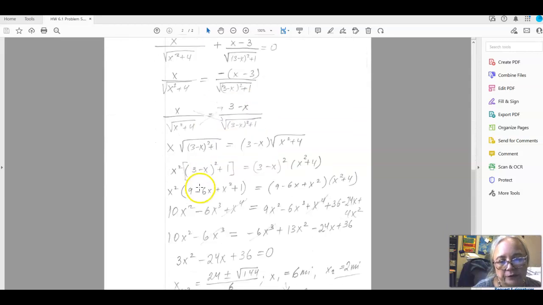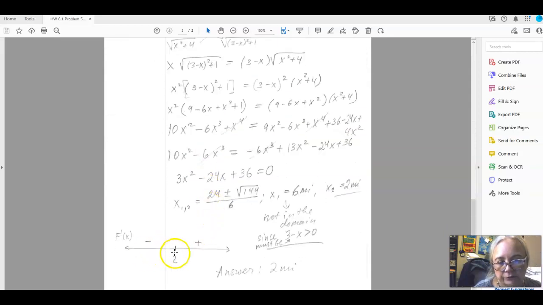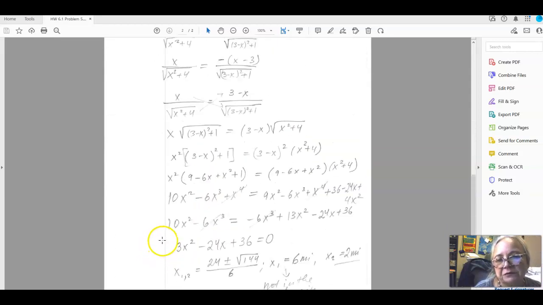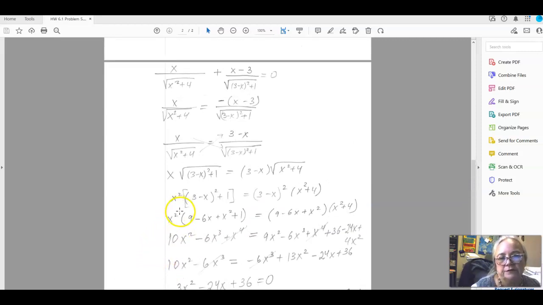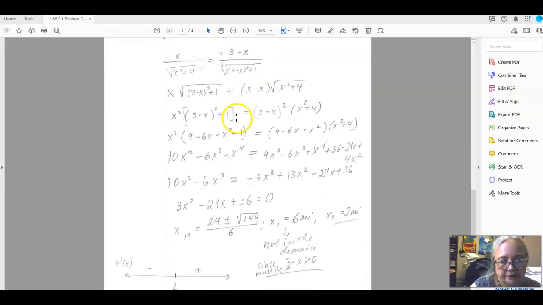So if we plug in anything to the left of 2, I will choose 0, for instance. Why not? 0. So we got this one 0, and here we have negative 3 over square root of 3 squared plus 1. It's negative 3 over positive, so the derivative is negative.